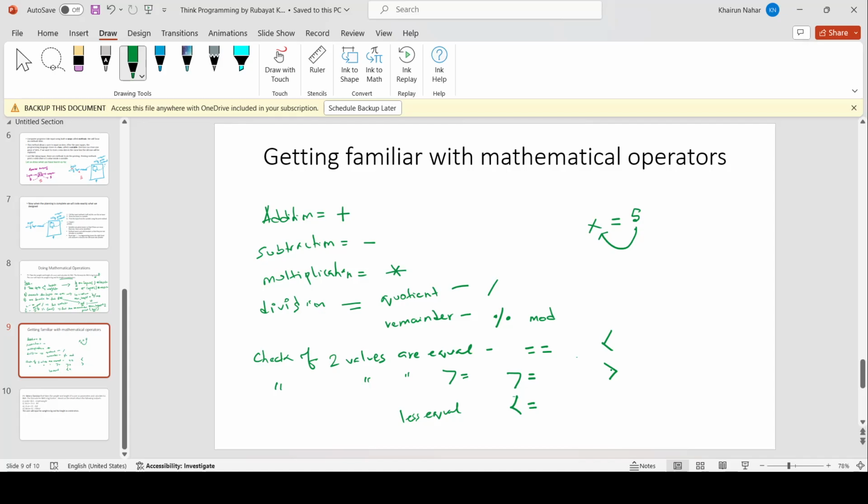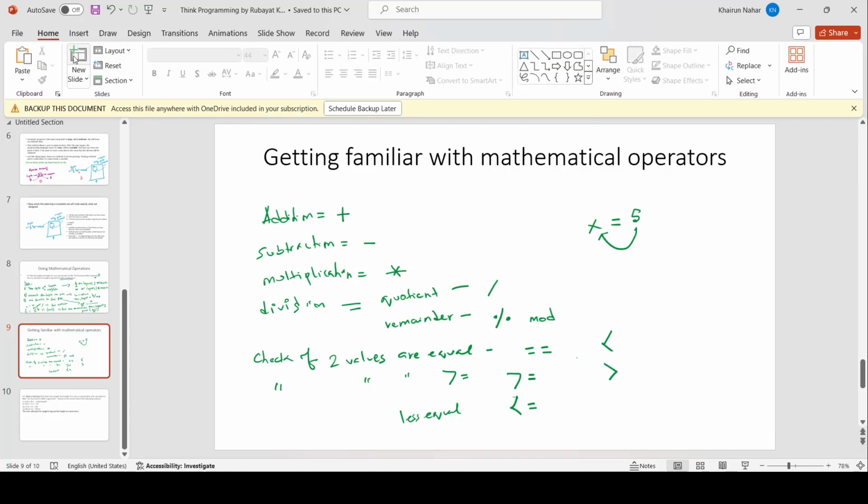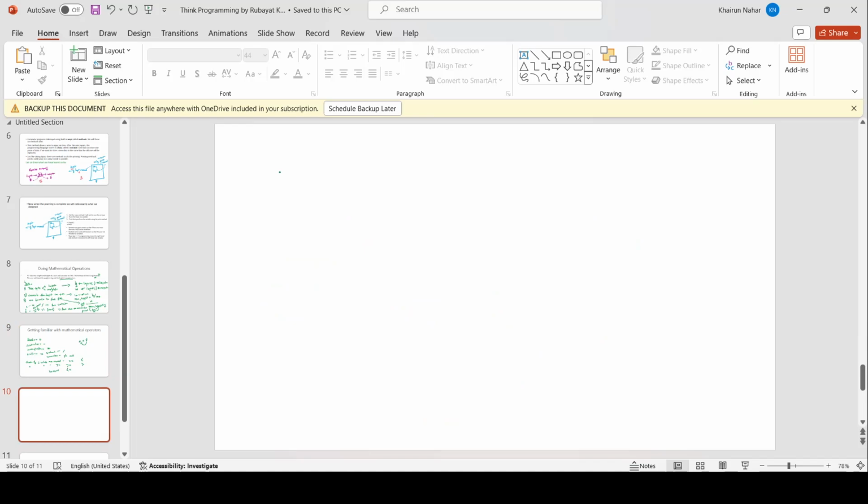Now let us look at an example. So I take two values from the user, and let's say the user gave me 5 and 10.